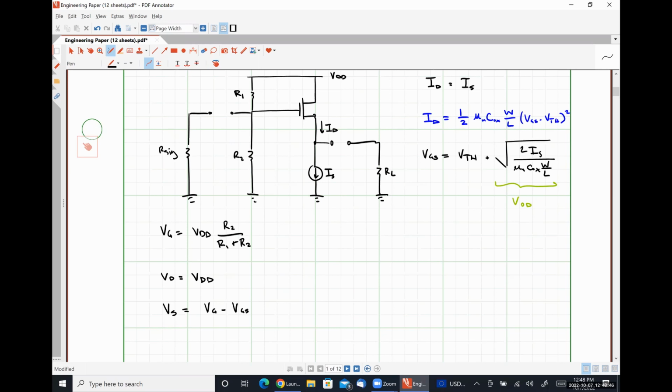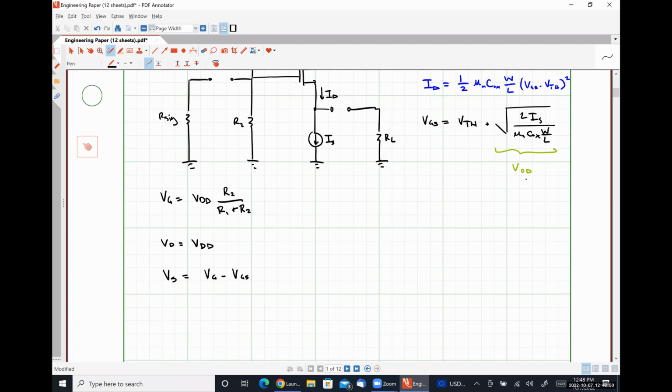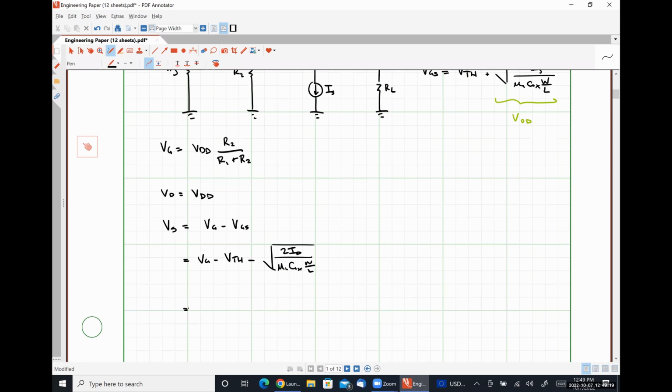If we plug in our results from our algebraic manipulation earlier, we find that our source is going to be effectively at a fixed potential of VG minus our threshold voltage, minus the square root of 2ID over UN Cox W over L. And we can substitute in our relationship for VG, and this then becomes VDD R2 over R1 plus R2, minus VTH, minus the square root of twice ID over UN Cox W over L. And from here, we know what VG is, we know what VD is, we know what VS is.